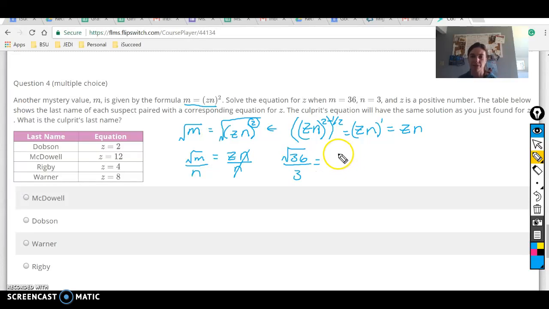The square root of 36 is 6, over 3 equals 2. The square root of 36 could also be negative 6, but it told us to look for the positive. So I believe we ended up with Terry Elliott Dobson.